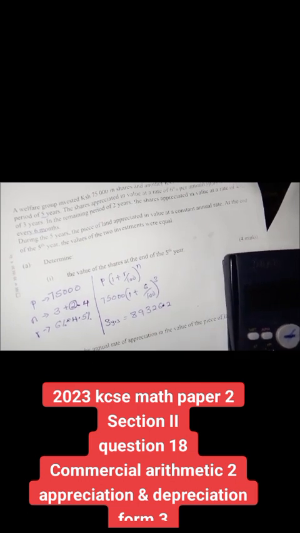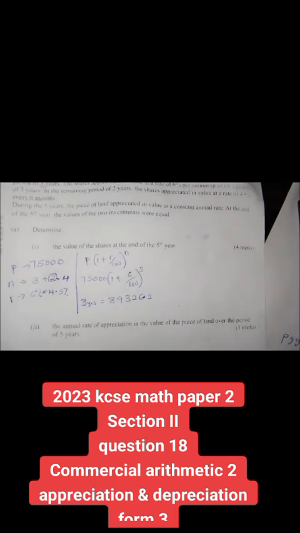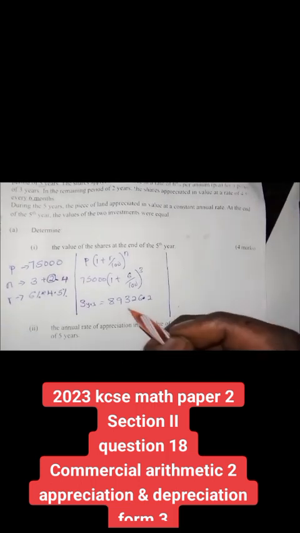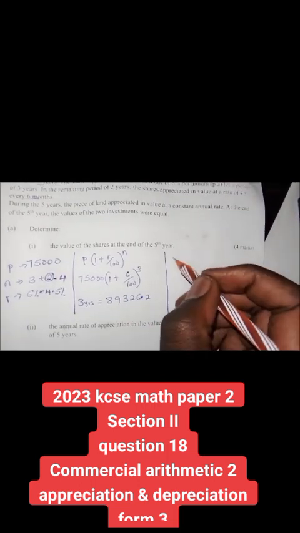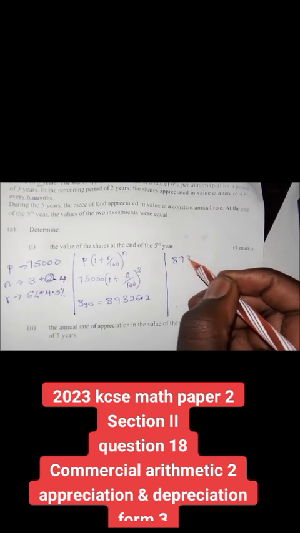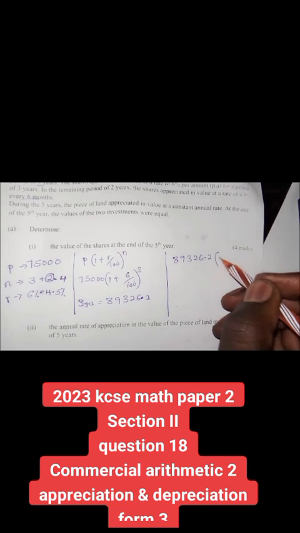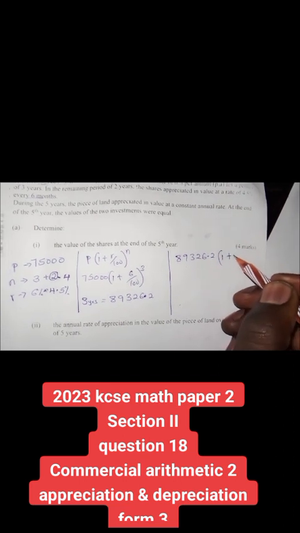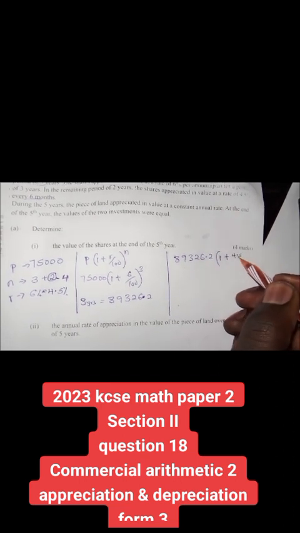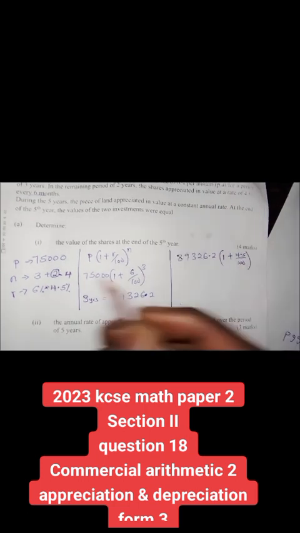In the next years, we take this one as the principal. Therefore, we have 89,326.2 times 1 plus the rate used at that time, 4.5 over 100. We said we are going to use 4 periods because it is compounded semi-annually.